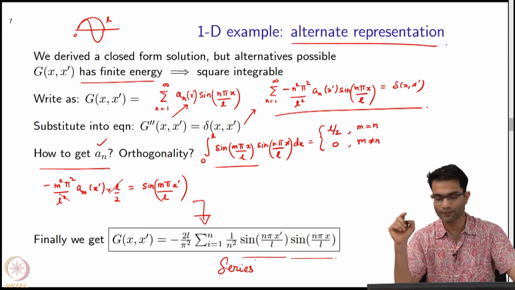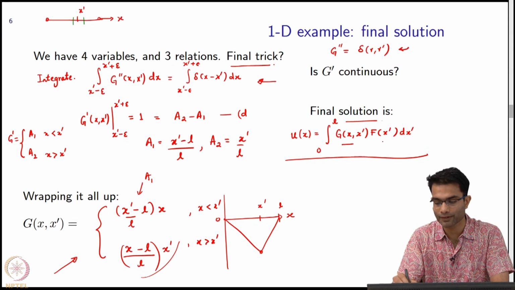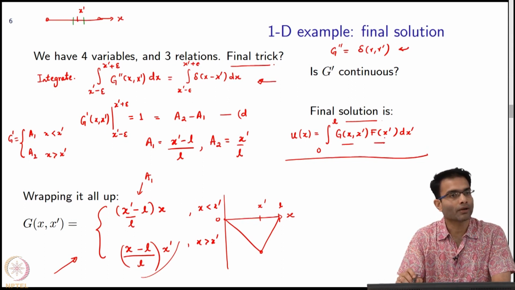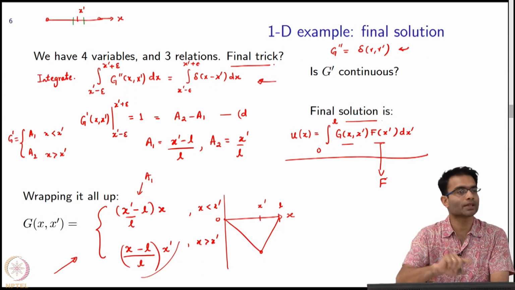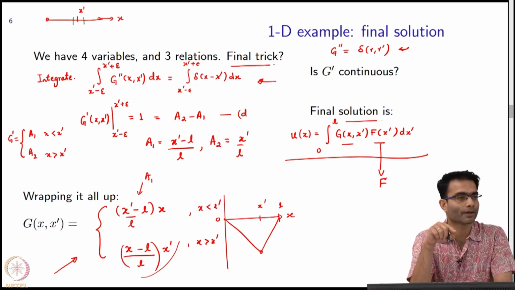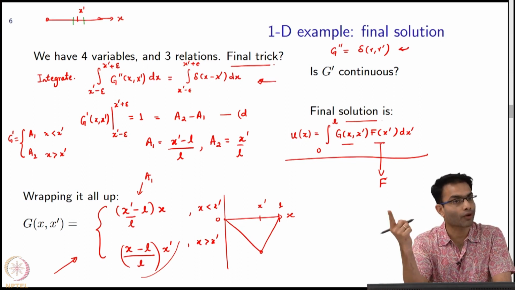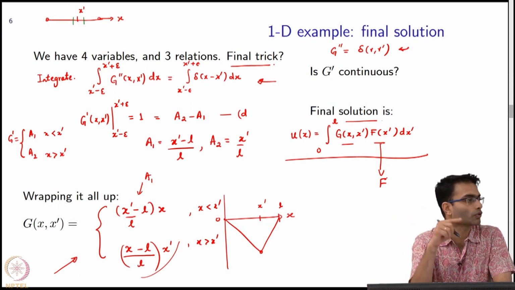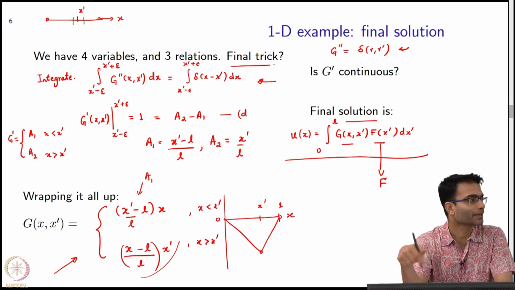Exactly. So, remember the final solution is given here, the integral of g and f. Now, depending on the kind of form of f, one or the other will be easier to evaluate. For example, if capital F were also of the form sin k pi x by L, then that integration is very simple.